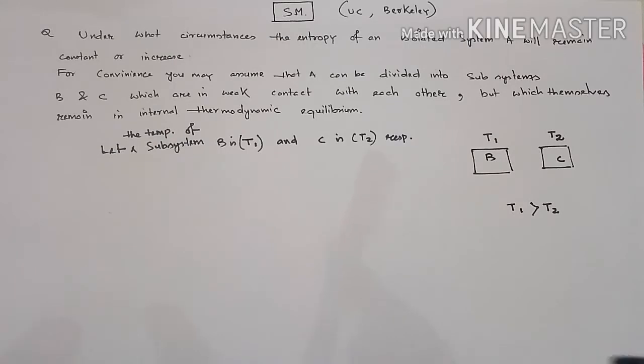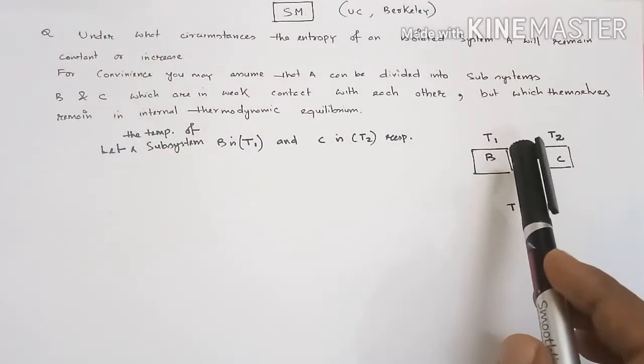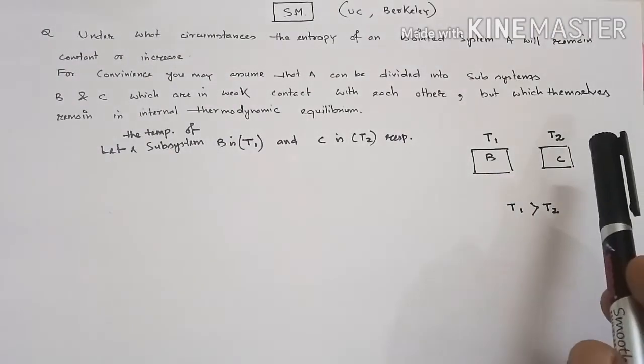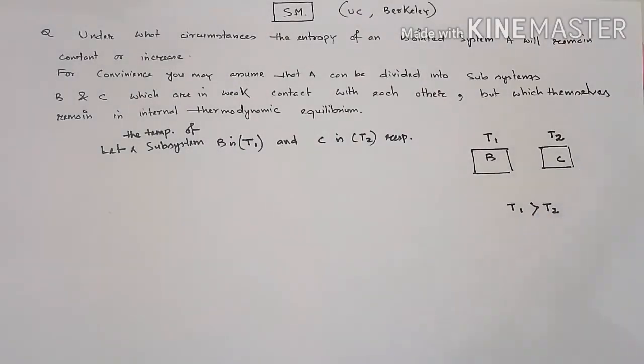So here there is an isolated system A. We need to say whether the entropy will remain constant or increase, and they have given that the isolated system A can be divided into two subsystems B and C. They are in weak contact but they are in internal thermodynamic equilibrium. So let us consider T1 is the temperature of B and T2 is the temperature of subsystem C, and we consider T1 is greater than T2.